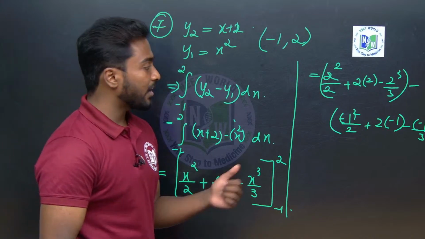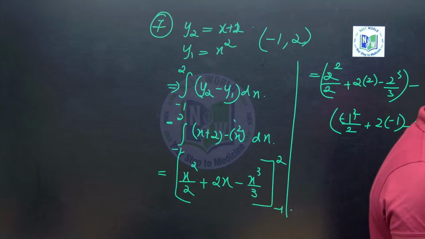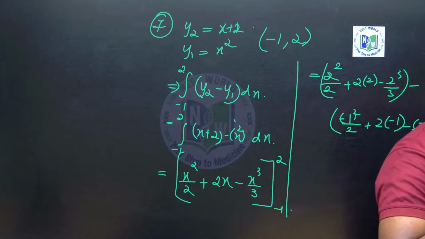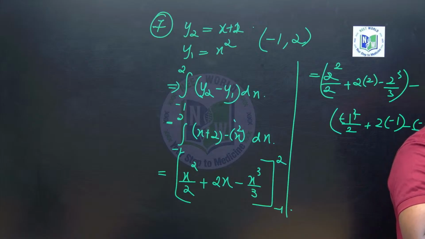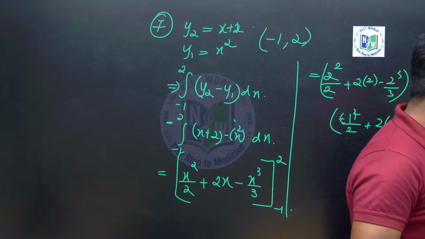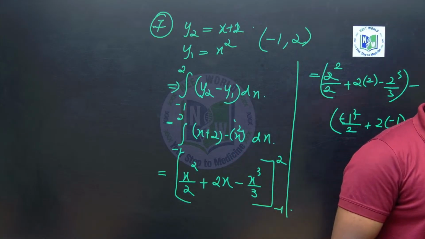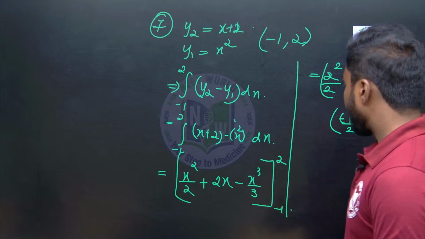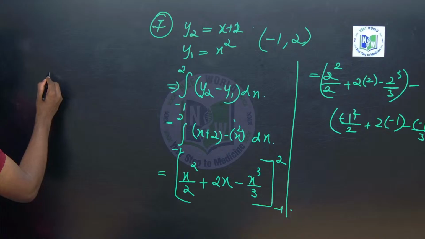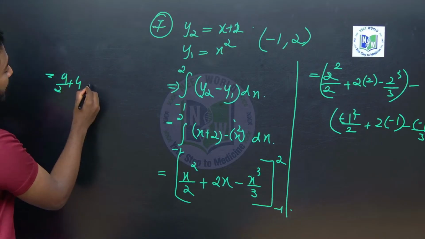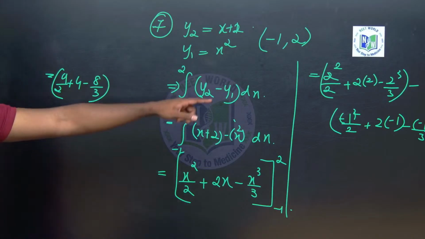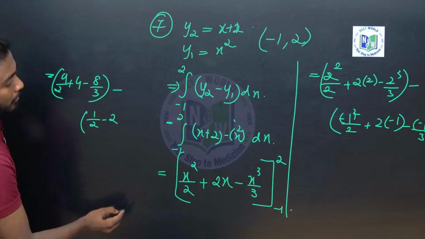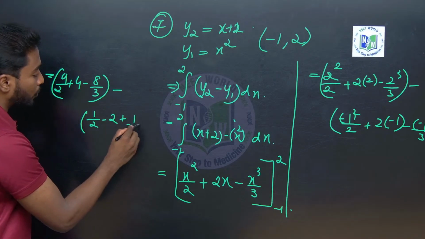Now only the calculation part is left out. What is the answer for this one now? Okay, see, the answer is first 4 by 2 plus 4 minus 8 by 3, 2 cube is 8 by 3, minus, and this one will be 1 by 2 minus 2, again minus of minus will be plus 1 by 3.